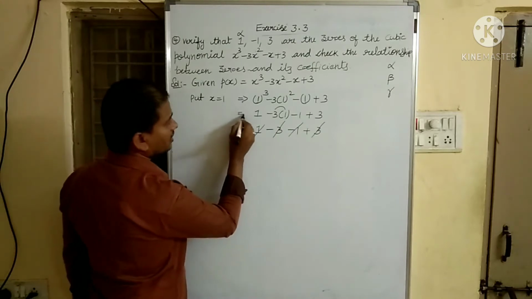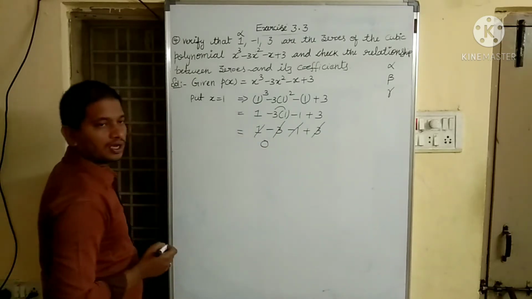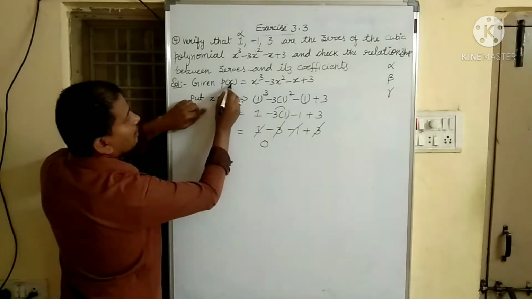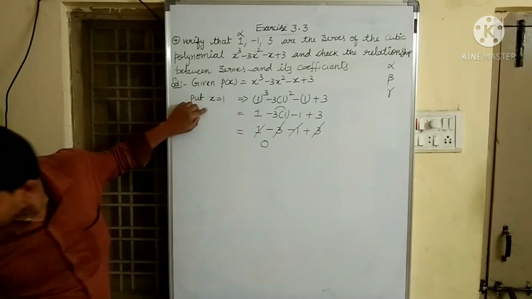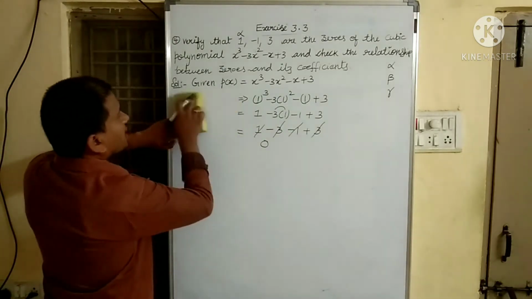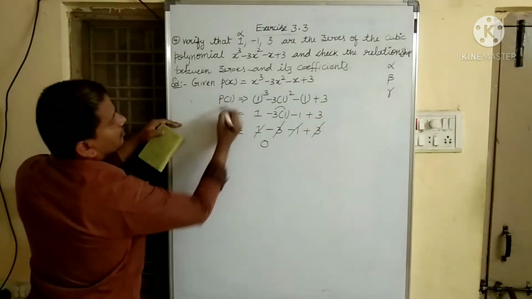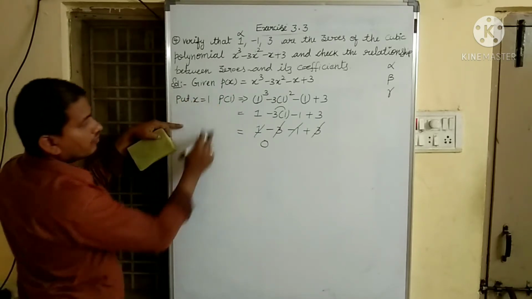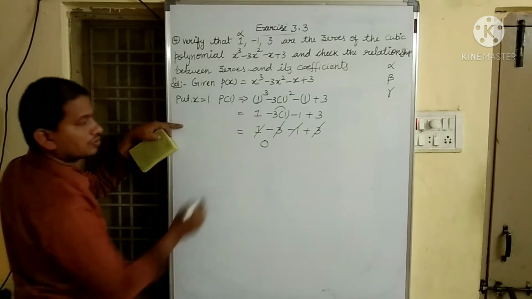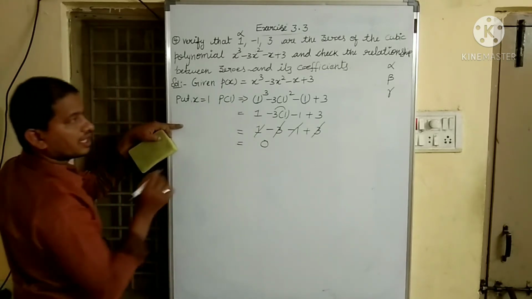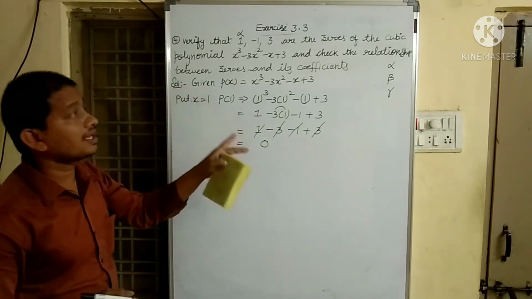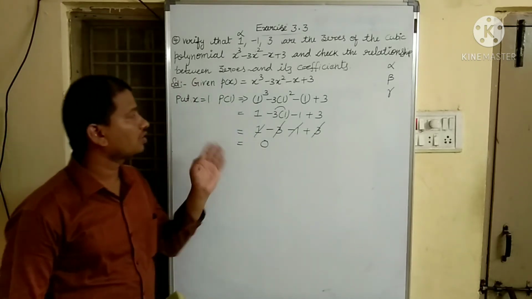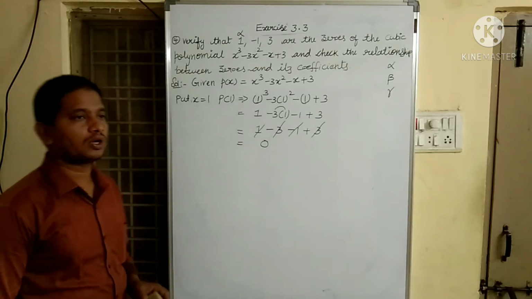So what is the answer? We got 0. That is p of 1 equals 0. Therefore, we can say that x equal to 1 is a zero of the cubic polynomial.